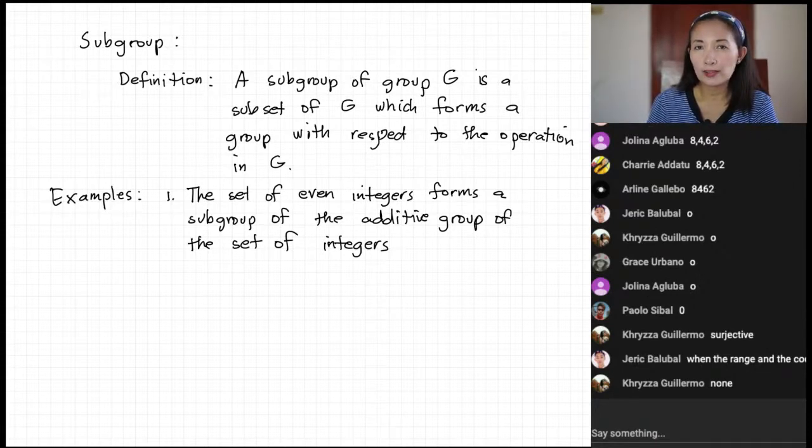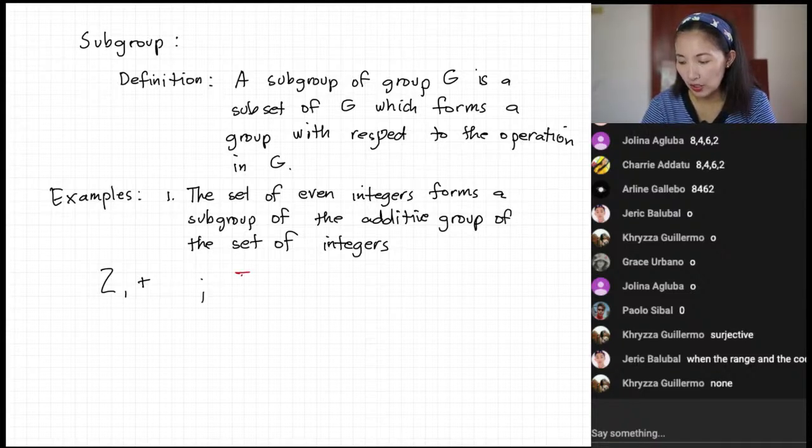So that's Z with respect to the operation addition. But a subgroup of Z is your Z sub E, set of even integers.